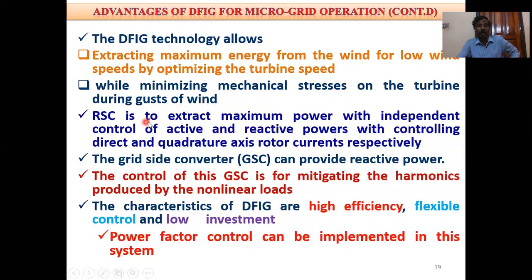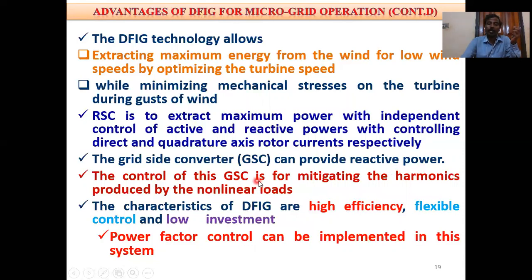The rotor side converter is to extract maximum power with independent control of active and reactive power, by controlling direct and quadrature axis rotor current respectively. The grid side converter can provide reactive power.